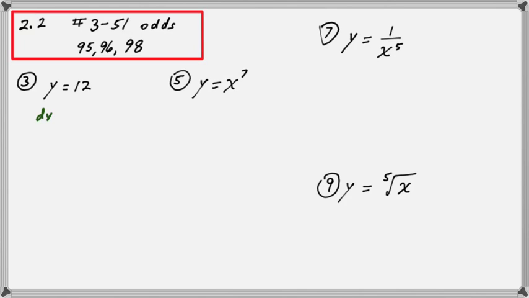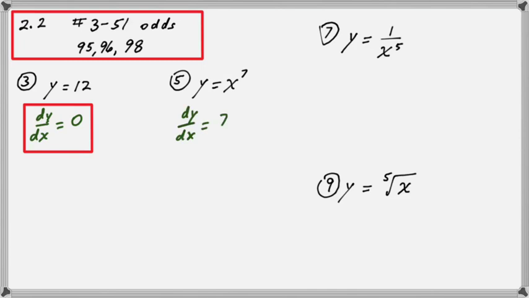The derivative can be written y prime or dy/dx in this case. The derivative of all constants is 0. For number 5, you're going to do the derivative of y with respect to x, and you're going to do power times base to the 1 less power. Once you get to 7, you may have to rewrite this.